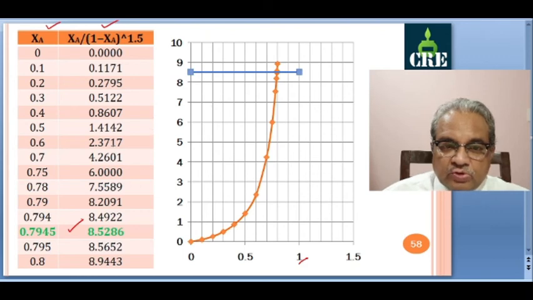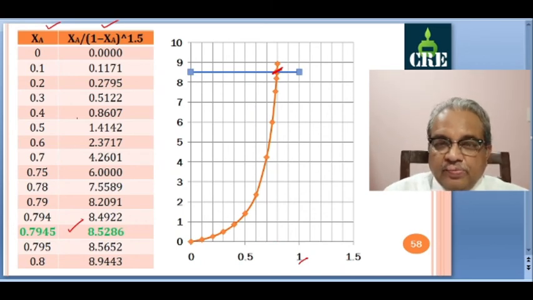These values vary from 0 to 8.94, and where this value crosses 8.52, draw a line parallel to the x axis at 8.52, and where it crosses the curve, you can come down and check. This is 0.6, 0.7, 0.8, so 0.7945. So this you can get by trial and error.